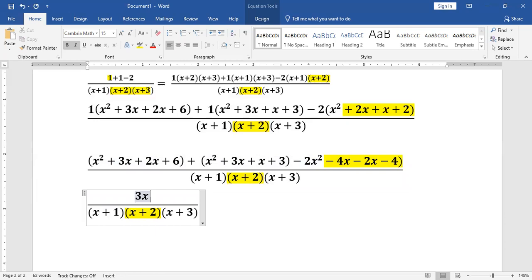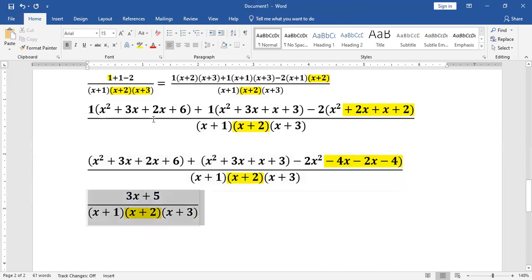Okay, numbers now. 6 plus 3, that is 9. 9 minus 4, that is 5. So plus 5. Okay, what does this mean? It has brought us to the original equation.